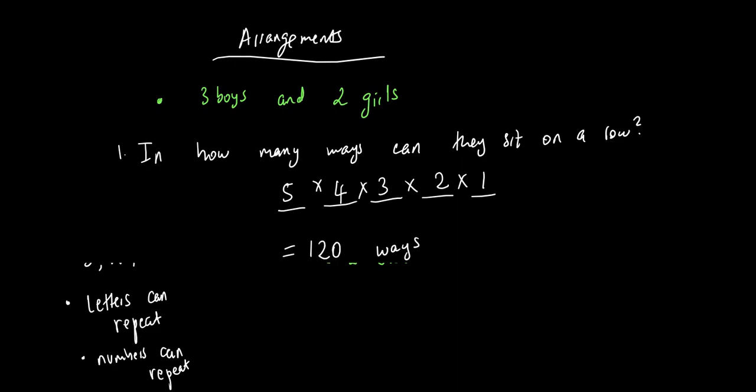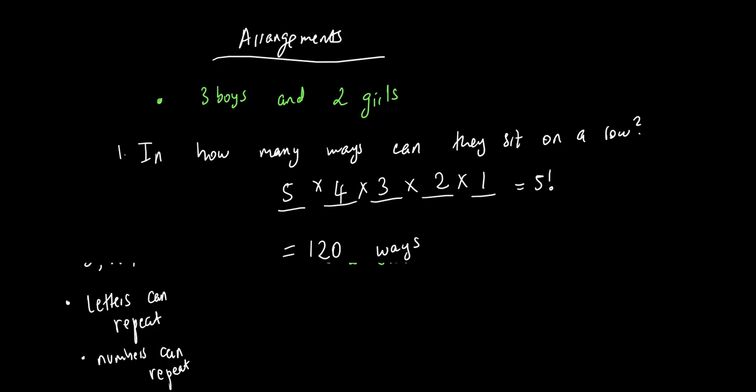Now guys, if you have a number multiplied until 1 and that number is descending like this, you can actually write this as 5 factorial.